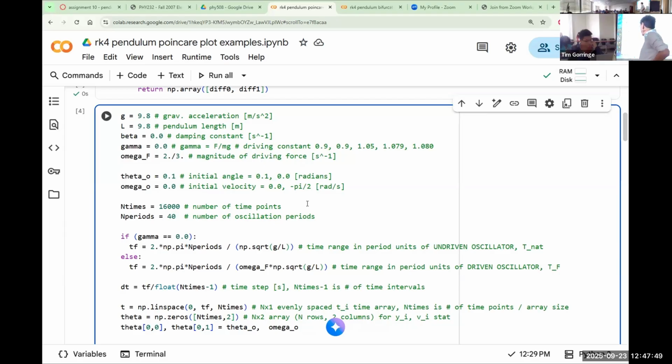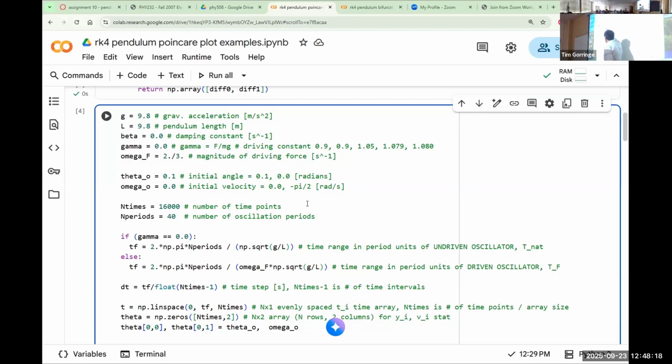That gives a natural frequency of 1 radian per second, or a period of 2 pi seconds. So it swings very slowly, about 6 seconds for a complete period. I've got the damping force switched off, and the driving force as well, so my damping constant beta and driving constant gamma are 0.